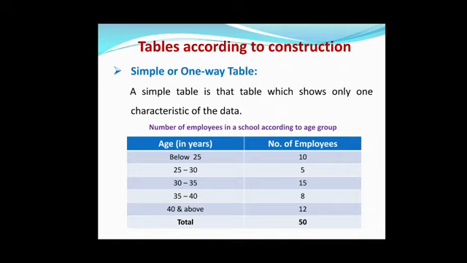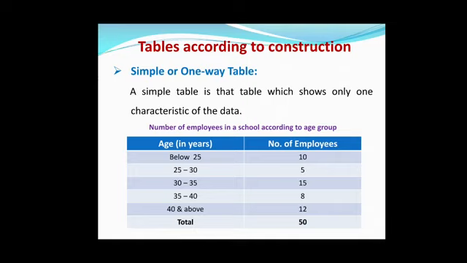Let us first understand what the simple table means, or what is the simple or one-way table. Dear students, a simple table is that table which shows only one characteristic of the data. That is, in this type of table, only one characteristic is shown.